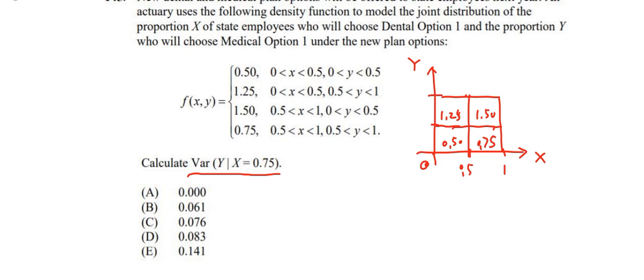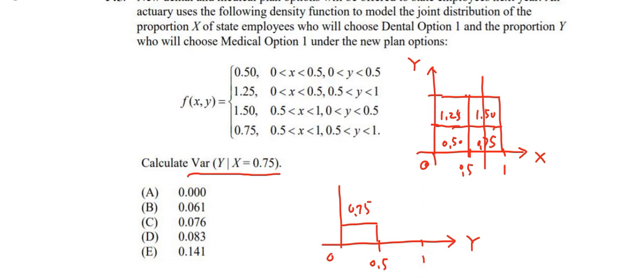Okay, so when x is 0.75, we know y has just two parts. So we can check y. Between 0 and 0.5, the y value is 0.75, that's the function, and from 0.5 to 1 it is 1.50.